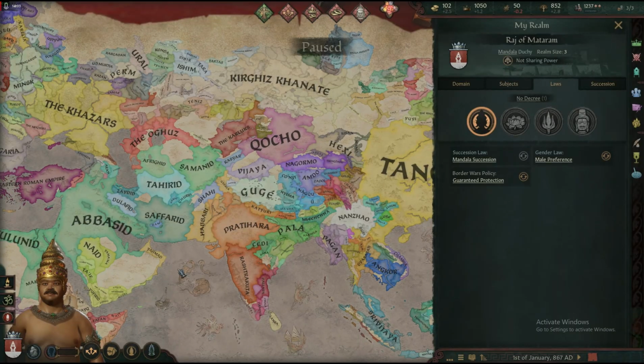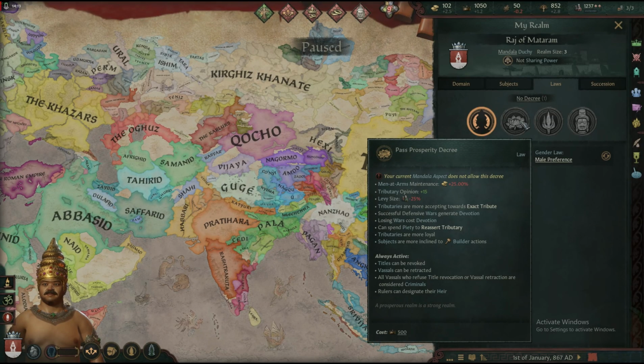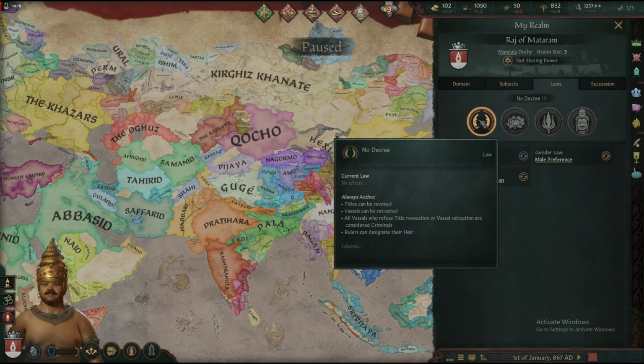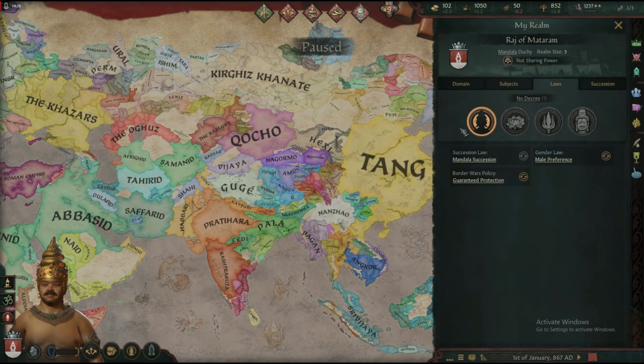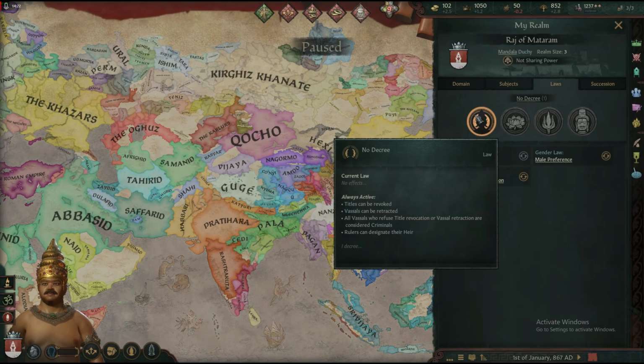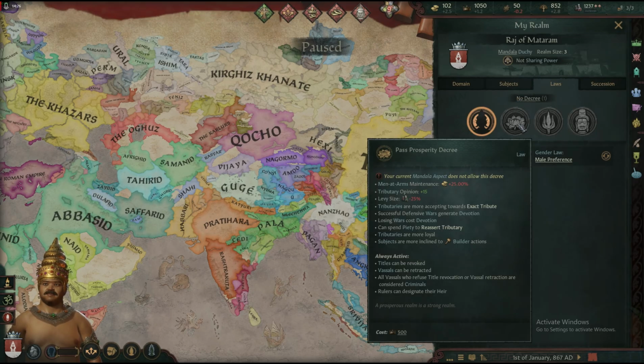You start with basically nothing, but your vassals are more happy, and then the next one you get more power, your vassals are a little unhappy, and so on and so forth. With this one, you just immediately set your decree. You have no decree, meaning, but you still can revoke titles and retract vassals and their criminals, and you can designate your heir.